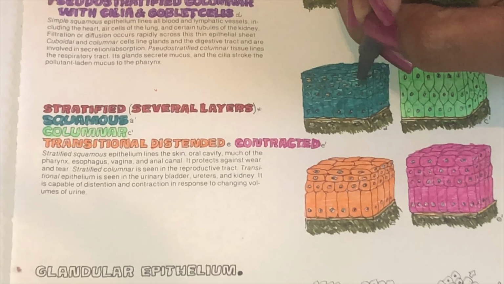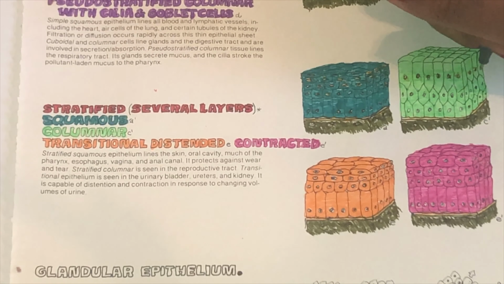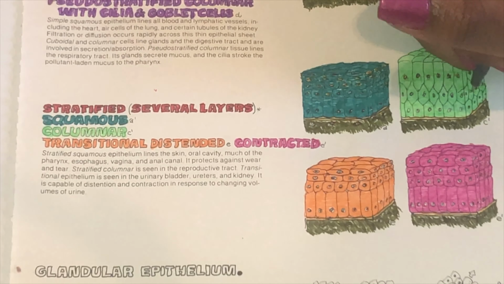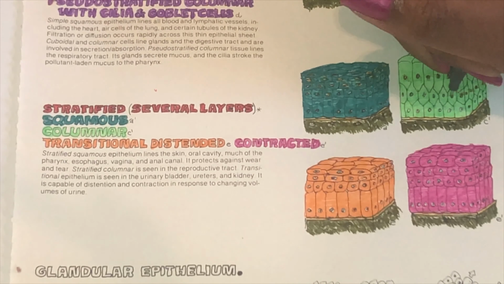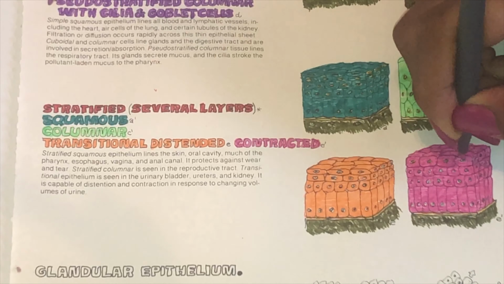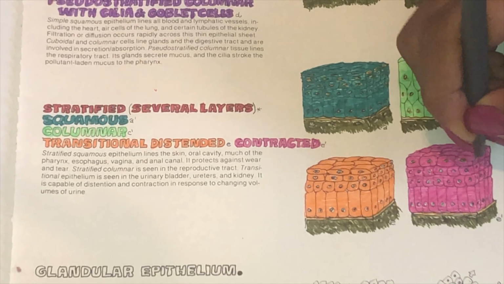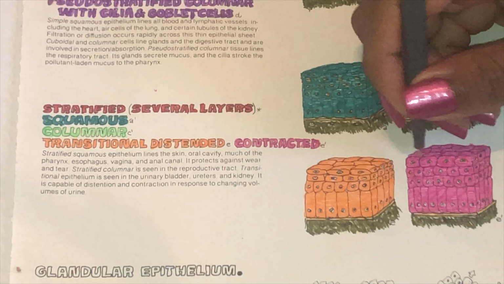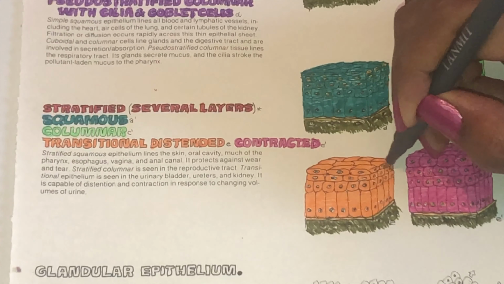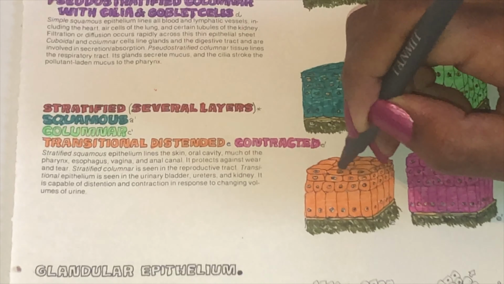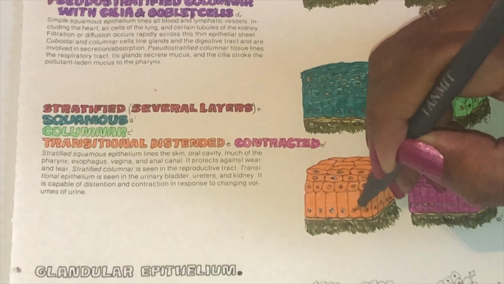And I'll do that down here as well. On the squamous and the columnar. Got to get that contracted, get those little spots in there. And transitional distended.